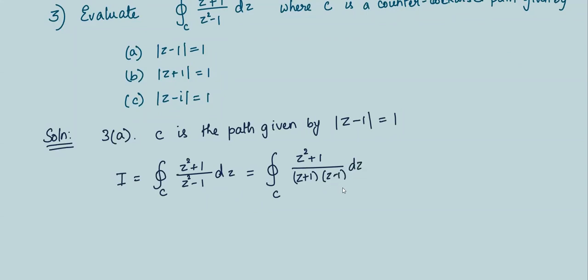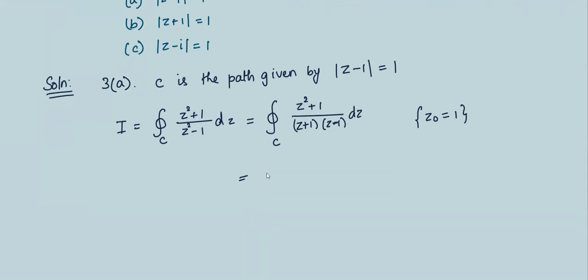So what is the singularity? Here z naught is equal to 1. So now the way we write is (z square plus 1) by (z plus 1), divided by (z minus 1) dz.